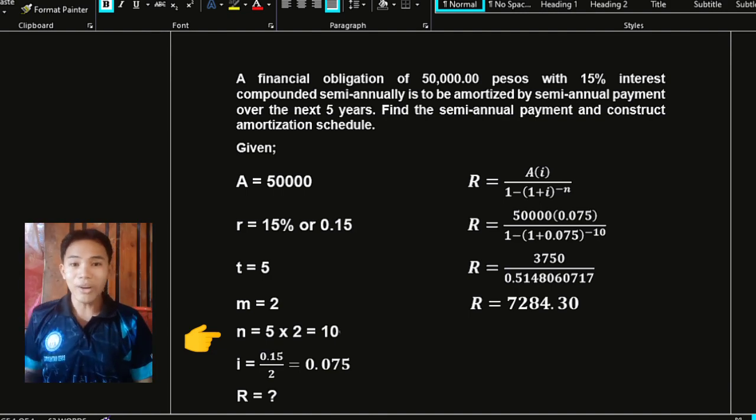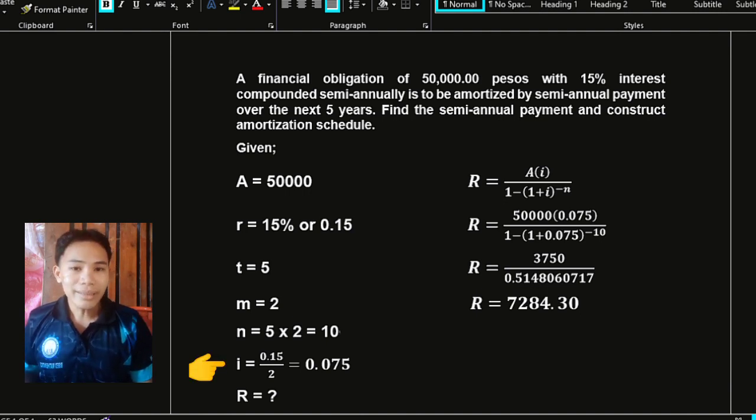To get n, the number of periods, let's multiply the time, which is 5, and the compounding periods, which is 2, so that our number of periods is 10. Next, to get the interest rate, let's divide the rate, which is 0.15, by the number of compounding periods, which is 2, so that our interest rate is 0.075.